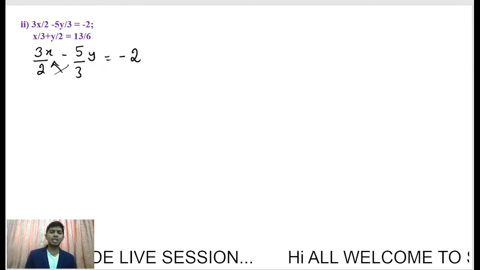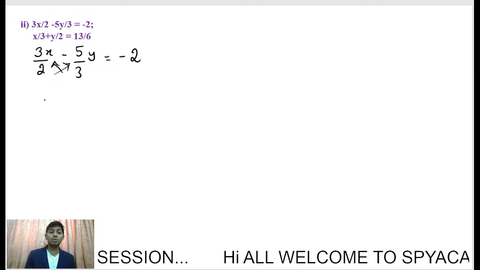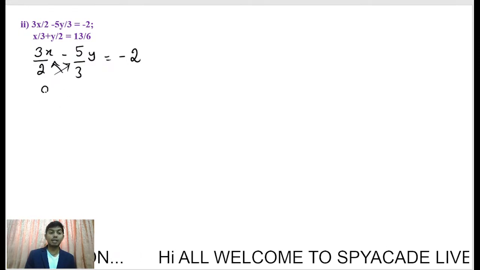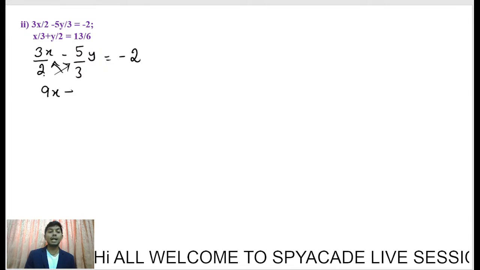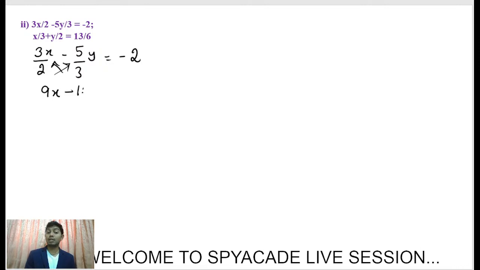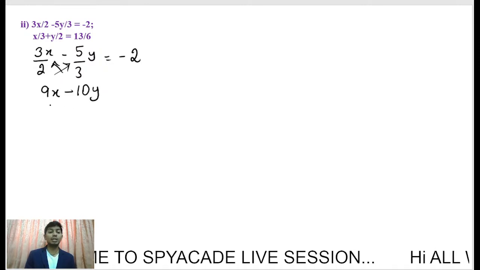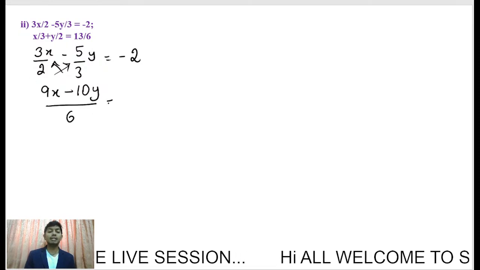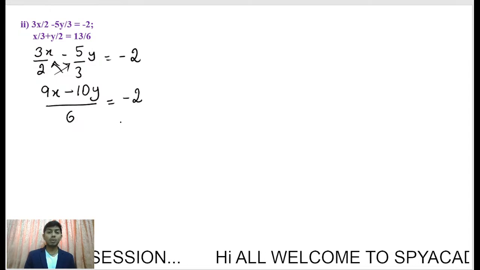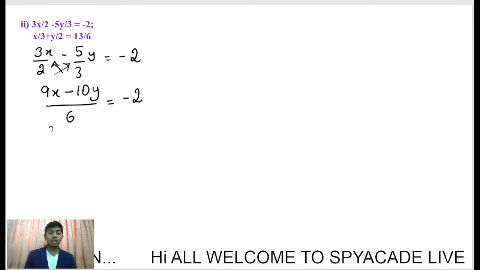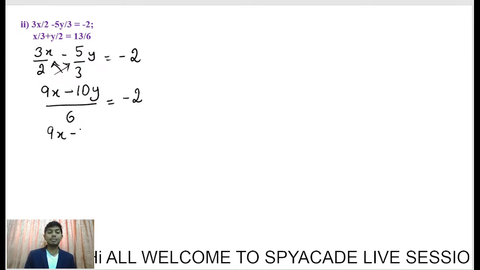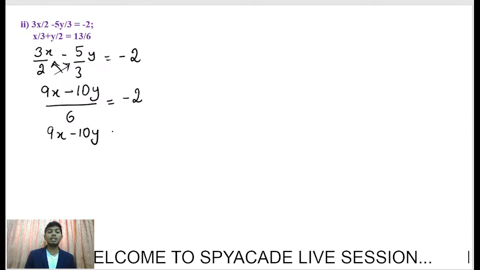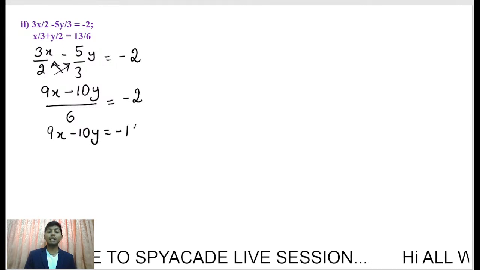Here you have 3 and here 2. So you just do the multiplication. 3 3s are 9x minus this 2, if you multiply here, it will become 10y, divided by these two numbers, if you multiply, you will get 6, which is equal to minus 2. So you can write 9x minus 10y is equal to minus 12.